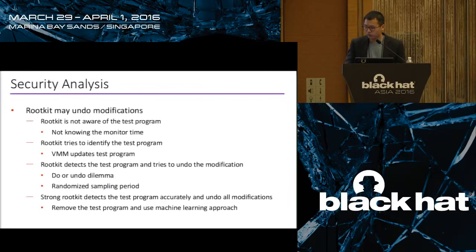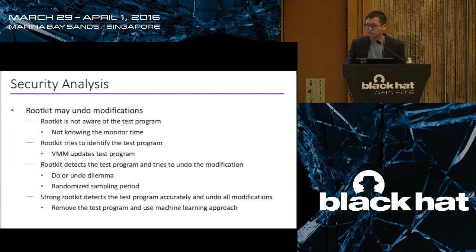Now, finally, we don't eliminate the possibility that the rootkit is really strong, and the rootkit can detect the test program accurately and undo all the modifications, right? What that means is it undoes the modification in the kernel, it reads all the activities on your system. That's also possible.